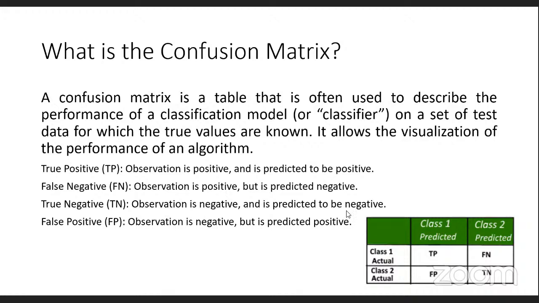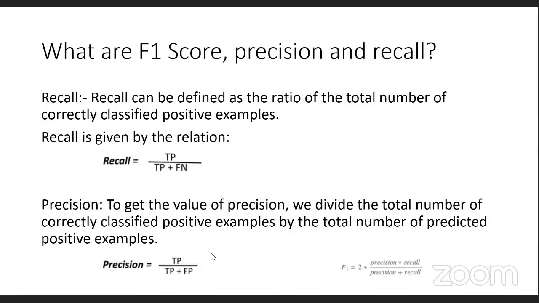The precision formula is the ones predicted correctly divided by the total it has predicted as positive. Precision tells you the total number of correctly classified elements out of the predicted elements.